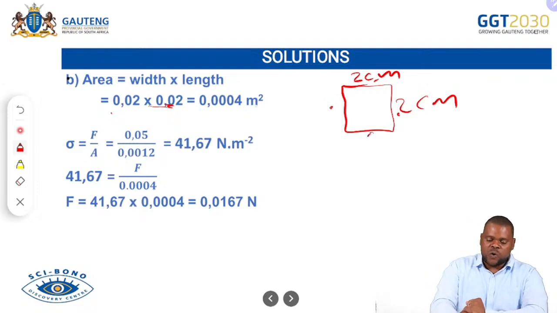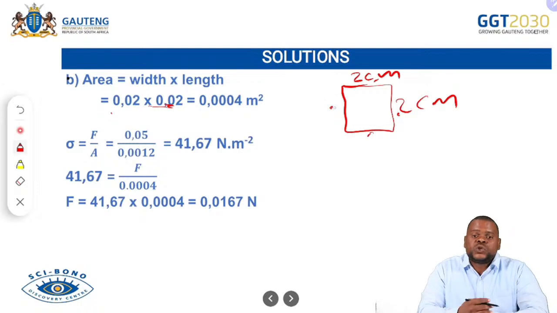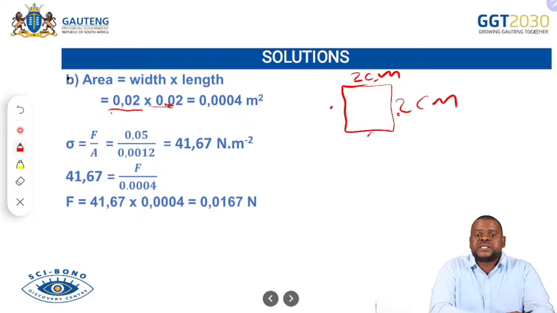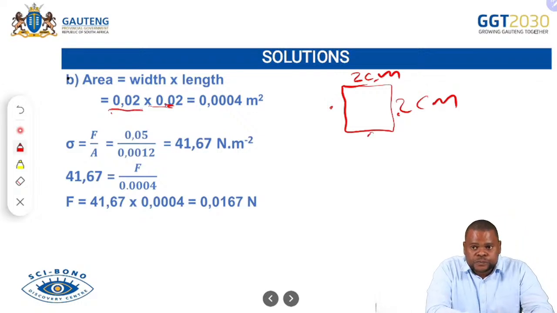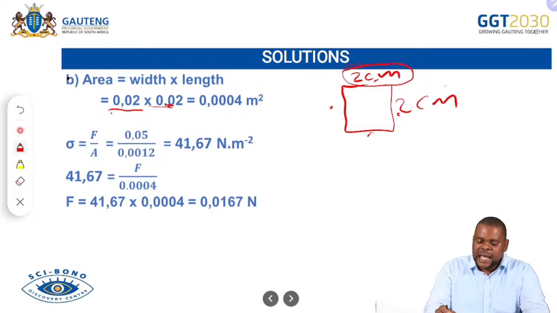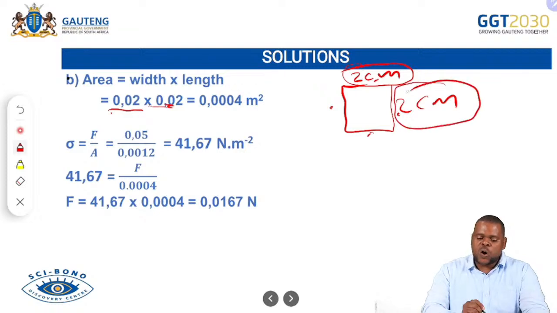That is why now this side is 2 centimeter, this side will be 2 centimeter, and this side will be 2 centimeter. When we convert this 2 centimeter into meters, that's when we get 0.02. Then it is 0.02 of this side and 0.02 of this side.